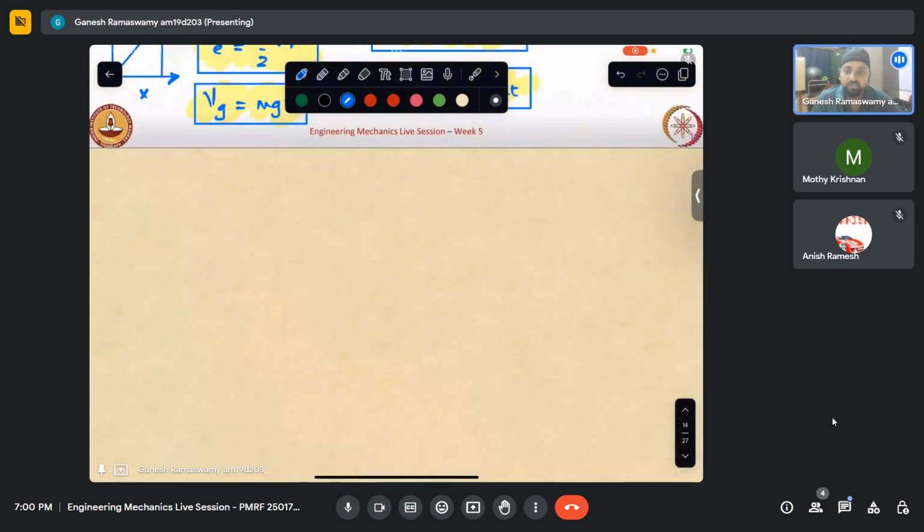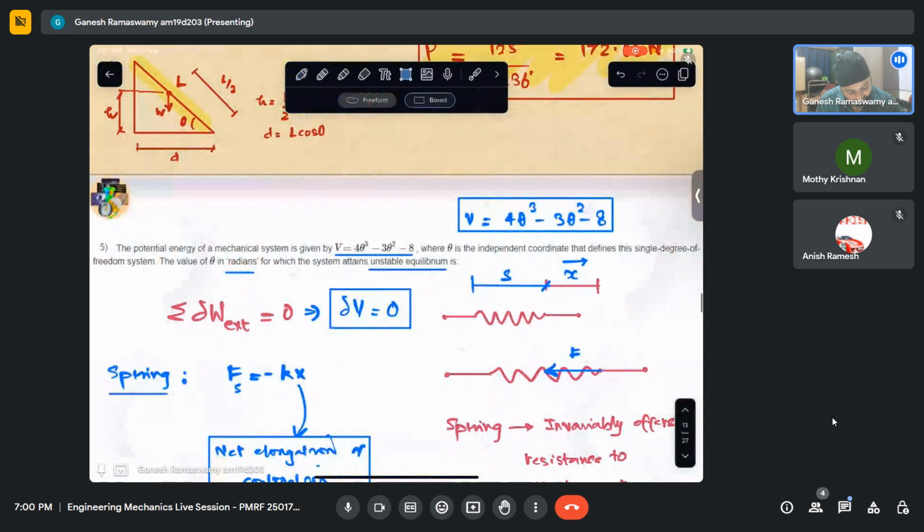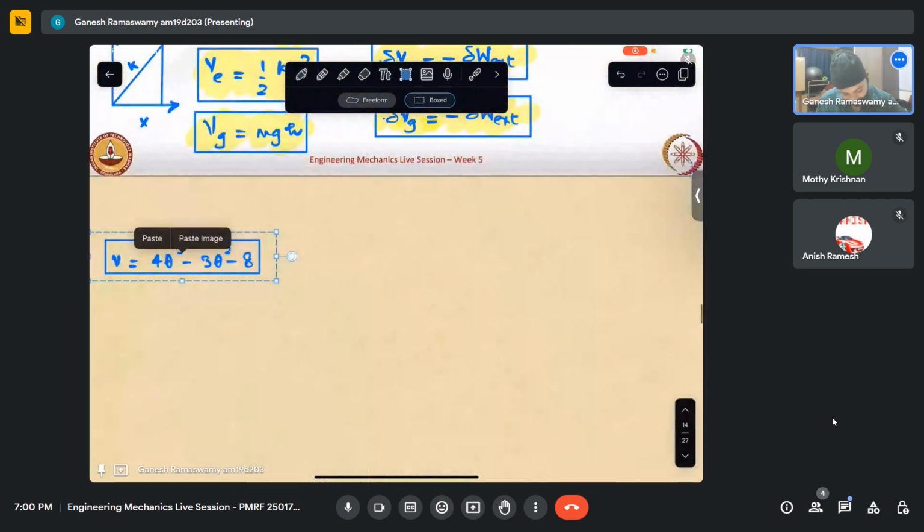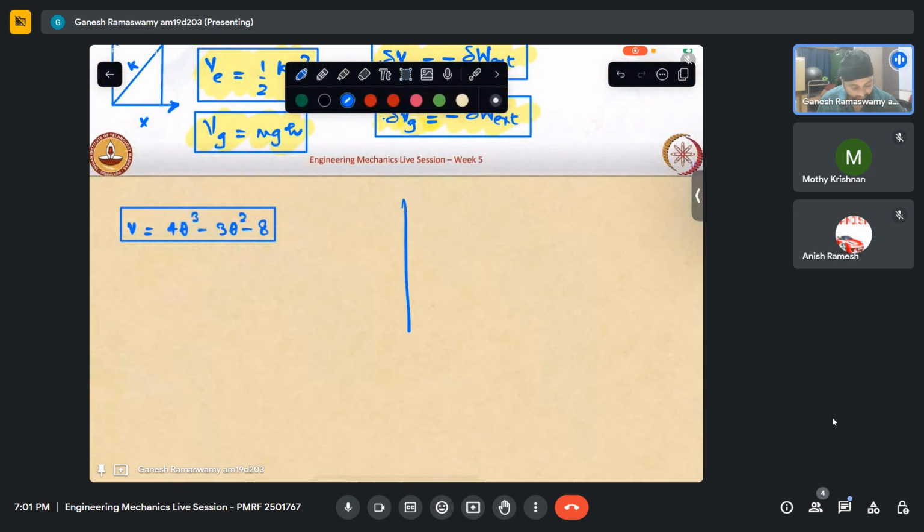They have directly given me the scalar expression that denotes the potential energy of the system. Now, if I were to graph this out as a function of theta, V, it will have some curve.